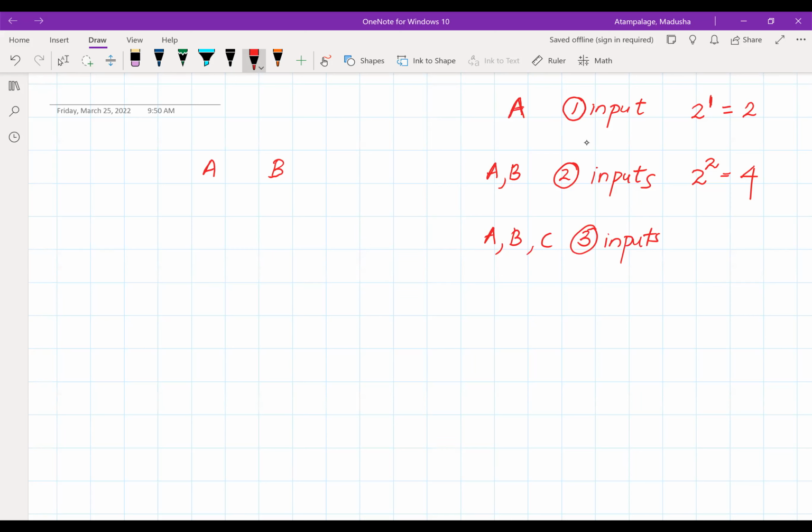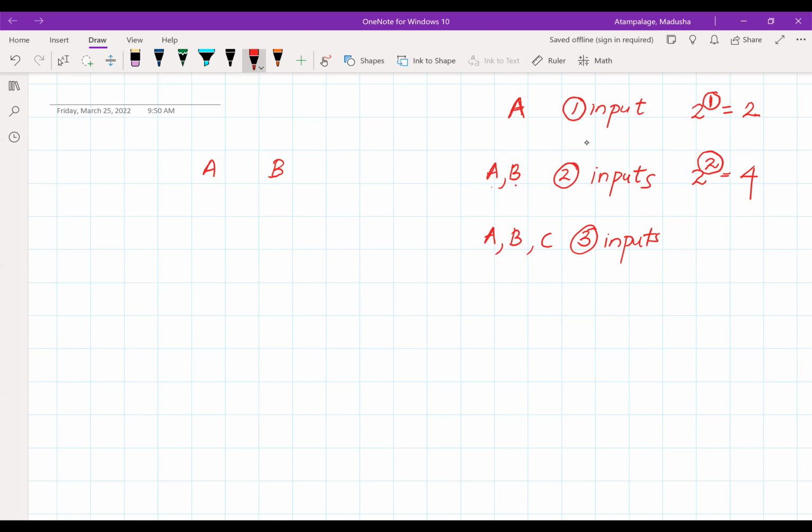To find it, we always take 2 to the power the number of inputs. So we can identify that with one input we have 2 possible input combinations, and if we have 2 inputs, we take 2 to the power 2, so we have 4 possible input combinations.